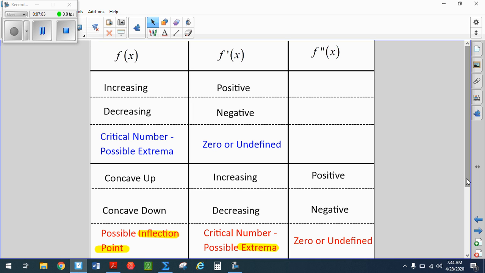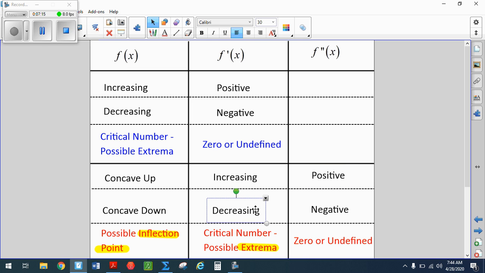Okay. If my first derivative is increasing, that means my second derivative is positive. If my first derivative is decreasing, it means my second derivative is negative.